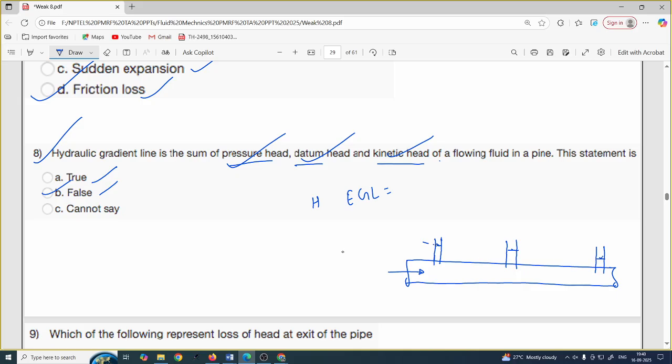So this will show you your hydraulic gradient line, which is pressure head plus datum head. Energy gradient line will be somewhere above because of the addition of your kinetic head. Let us write the K. And why is it falling towards the flow? Because of the losses, because of the friction loss, you know already.